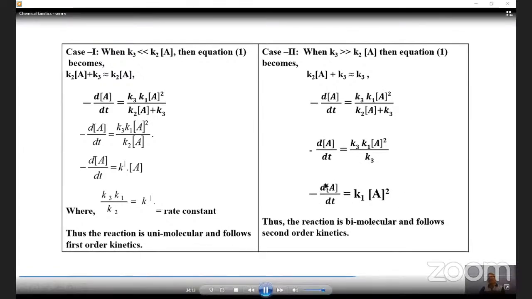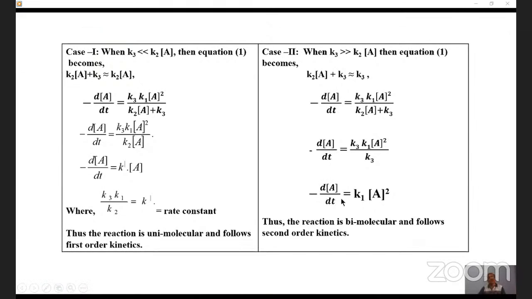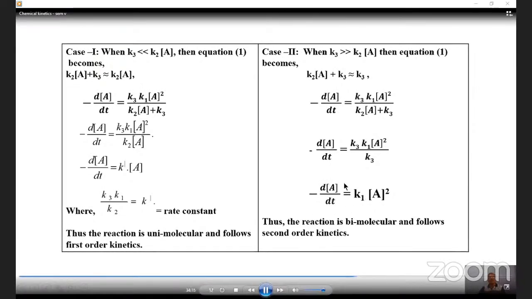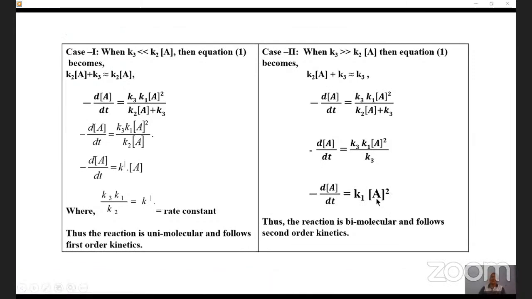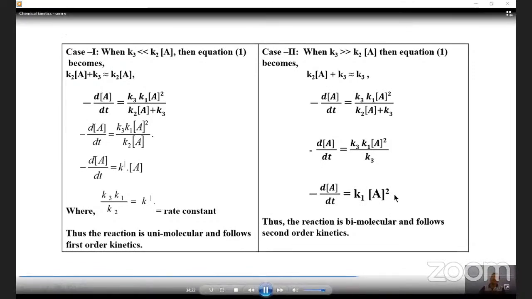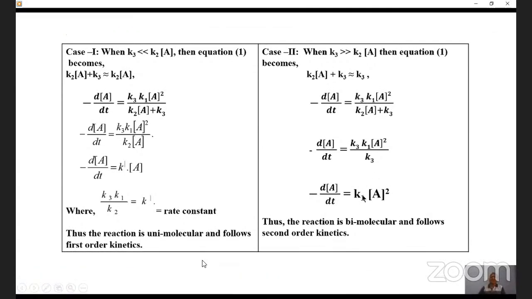If you look at this equation, you will come to know that the rate of reaction is directly proportional to the second power of concentration of reactant A. This means that this reaction follows second order kinetics, and this reaction is a bimolecular reaction, because in the step that leads to the formation of product, two reactant molecules have taken part. So therefore, the molecularity of this reaction is 2.